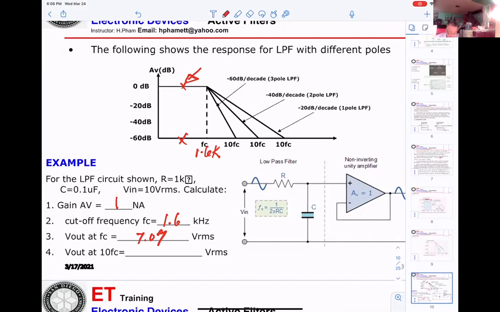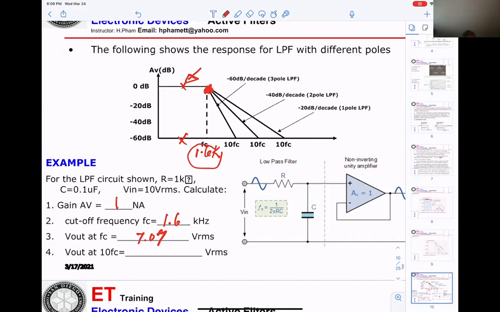Now at this point right here, they will be going down 3 dB. That's why you calculate and get 1.6 K cutoff here, and the output will be going down 3 dB, which means 7.07 volts RMS.